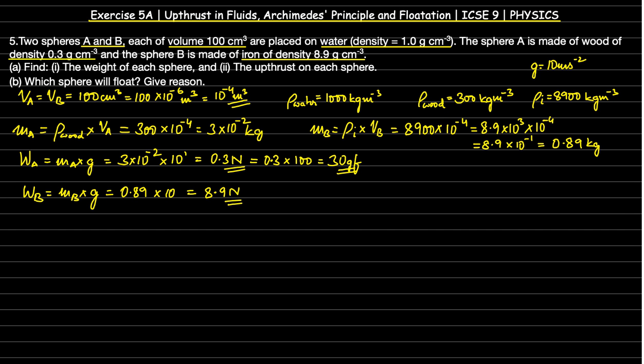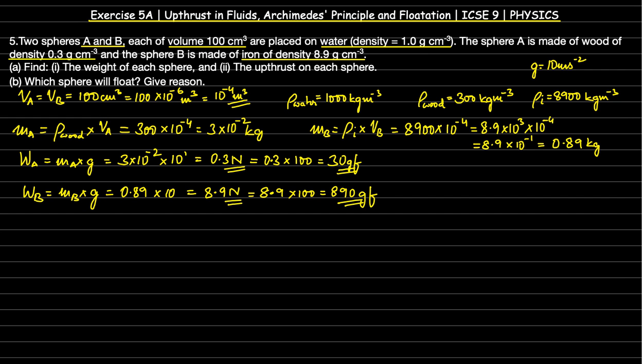When we convert Newton to gram force, since the textbook answer is in gram force, we will have to multiply by how much? We'll have to multiply by 100 as we have done above, and we get it as 890 gram force.